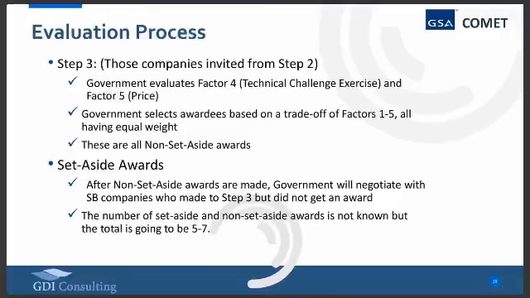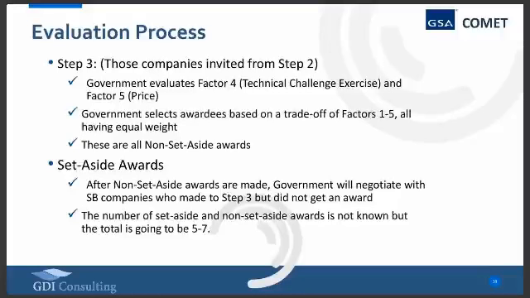But after they do that, they're going to put them all together, 1 to 5, and again do a best trade-off on all of them. And all of them have equal weight. So factors 1 to 5, at this stage, when they're deciding who to award, all have equal weight.